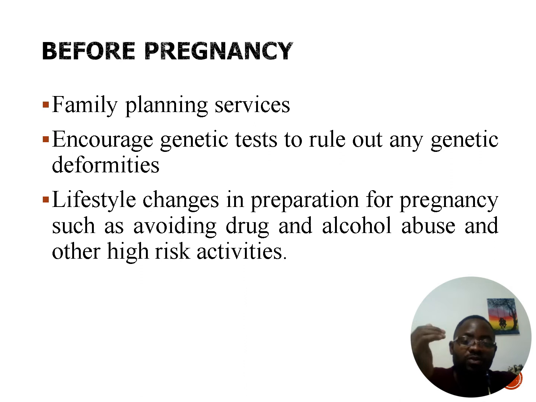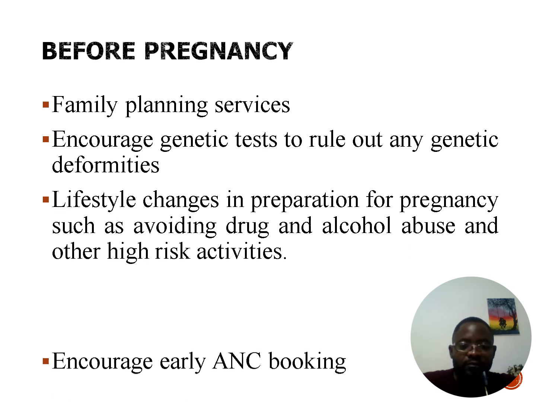You need to discourage any abuse of alcohol and other drugs, okay, and other high risk activities that a woman may be involving herself in, or the couple may be involving themselves in, so that they protect their child. Okay, so we know alcohol may cause fetal alcohol syndrome, which may lead to mental retardation in a child, so you don't want this to happen.